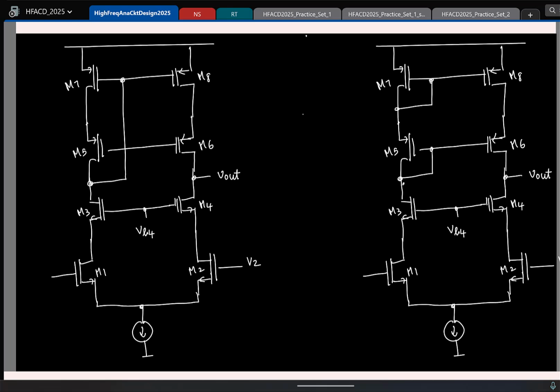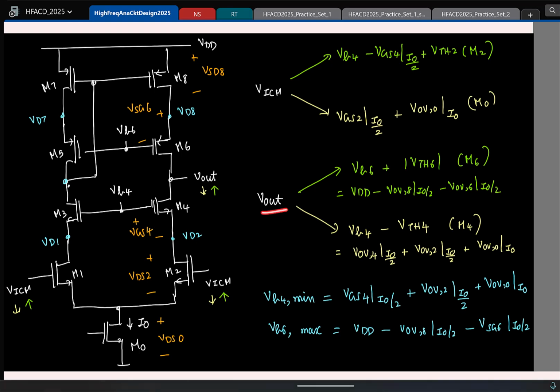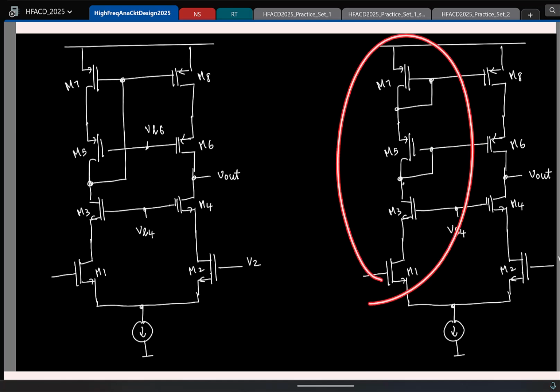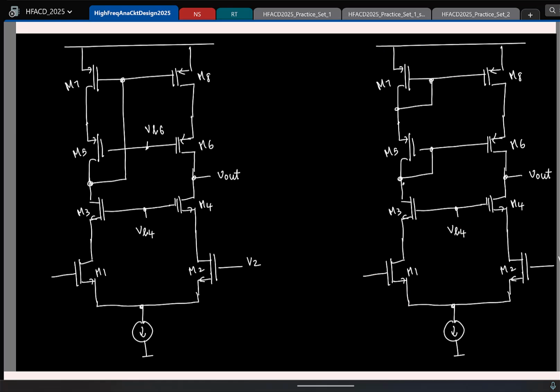Please have that in mind, because the reason the output can swing higher is, as we saw earlier, the output reaching the maximum depends on what is the gate voltage, right? And in this circuit, you had full freedom to connect the gate to whatever voltage you want. So you could connect this gate to this maximum voltage to make the output go to the maximum value. Whereas here, the gate voltage is set to some other voltage, which is not convenient for output to reach the maximum.